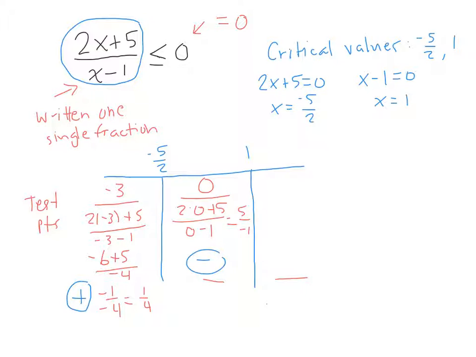And then let's test a point to the right of 1, so let's test 2. We do 2 times 2 plus 5 over 2 minus 1, which is 9 over 1, which is 9, and that is a positive.